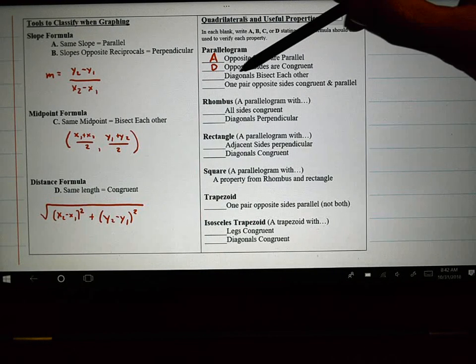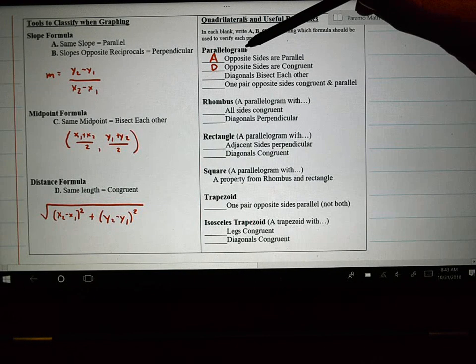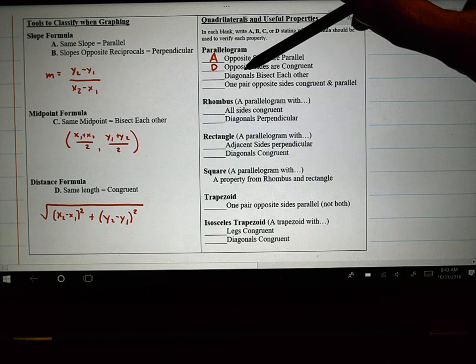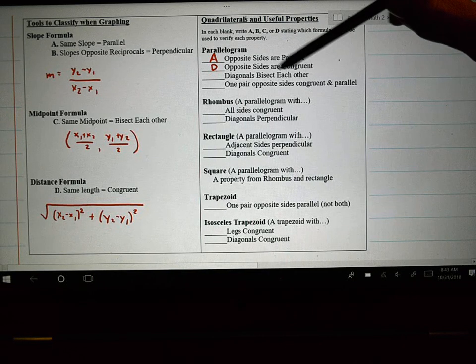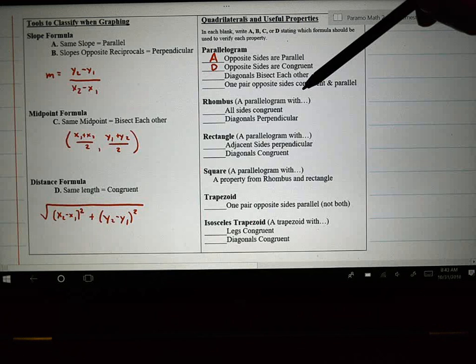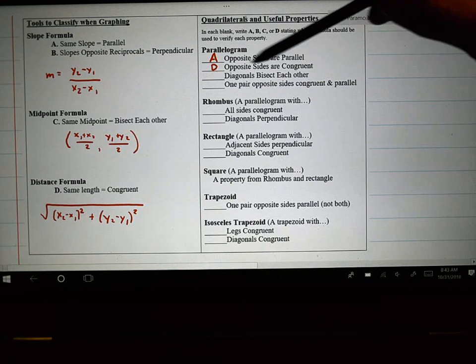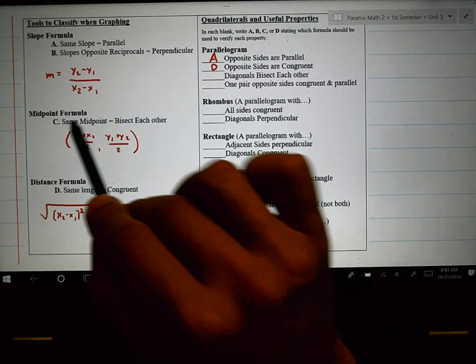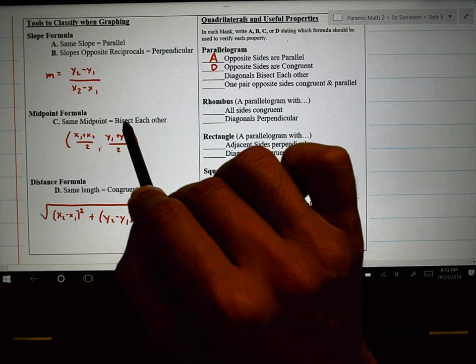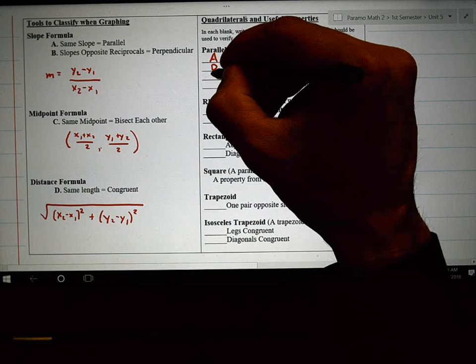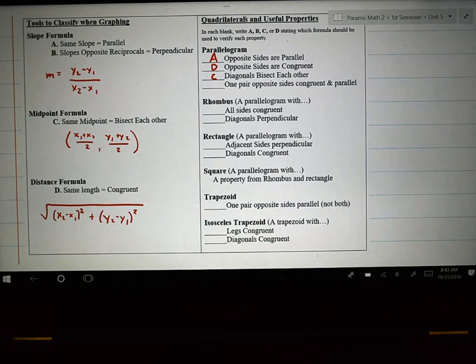If the diagonals bisect each other, then it's a parallelogram. So how would I check to see if the diagonals bisect each other? We need to use their midpoints. So which formula for that? If they have the same midpoint, then they bisect each other. That's letter C. Let's go a little bit faster.